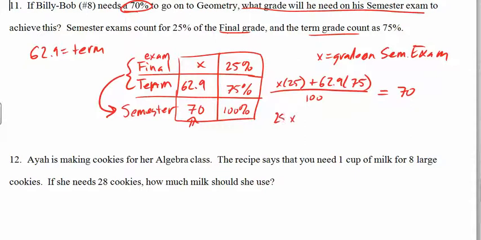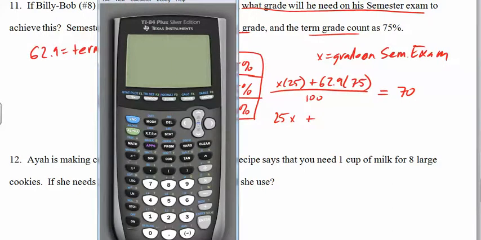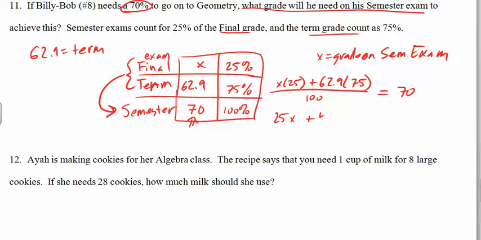So we've got 25x plus 62.9 times 75. So that is 4717.5 equals 7000, because 70 times 100 is 7,000.